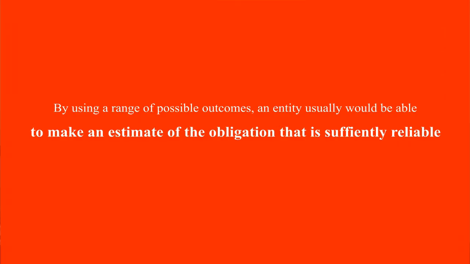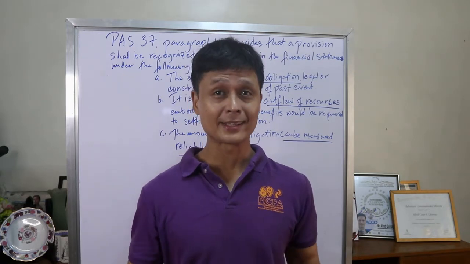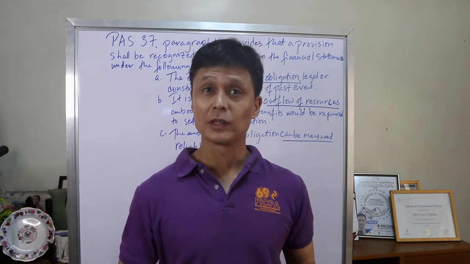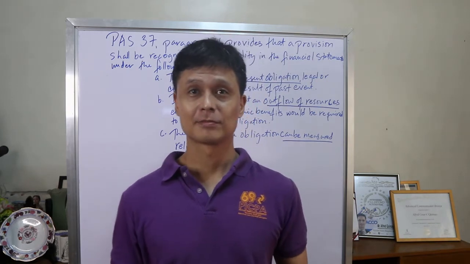And the standard suggests that by using a range of possible outcomes, an entity usually would be able to make an estimate of the obligation that is sufficiently reliable. So where no reliable estimate can be made, then there is no liability to be recognized.